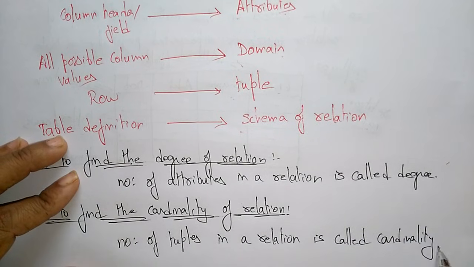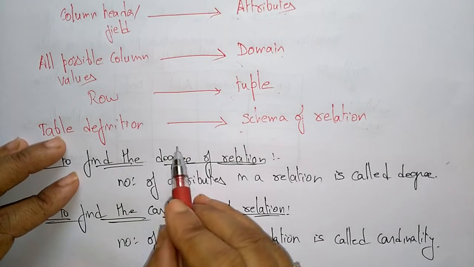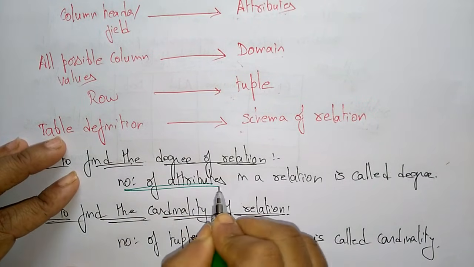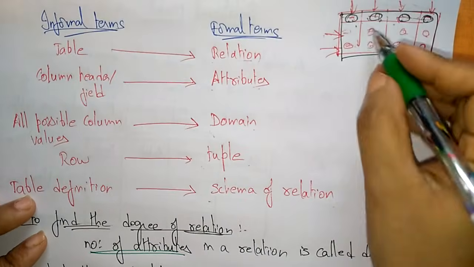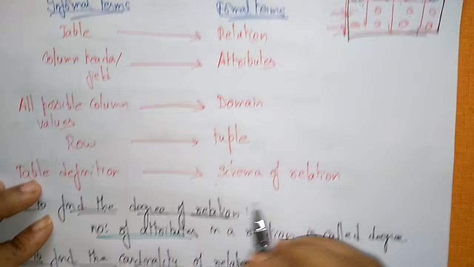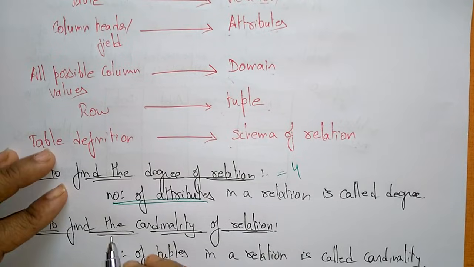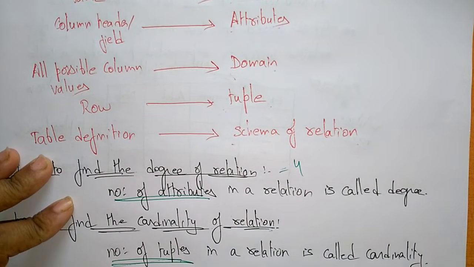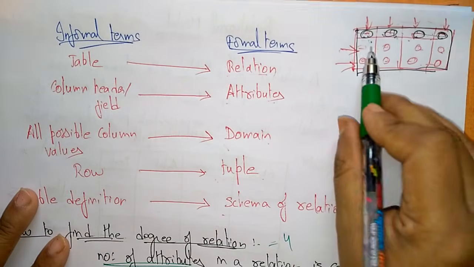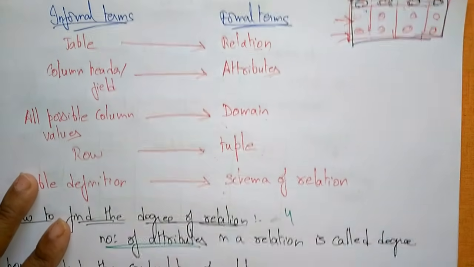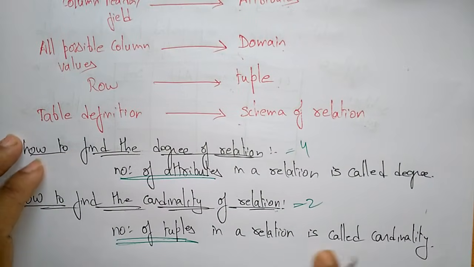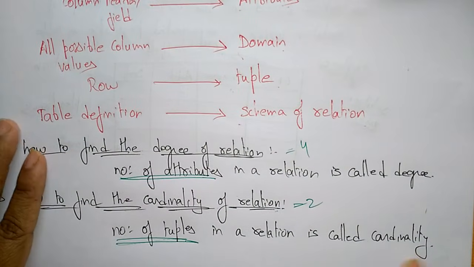The only difference is, to find the degree of relation, you need to know the number of attributes present in a relation. Here you have 4 attributes, so the degree is 4. To find the cardinality of a relation, count the number of tuples. Tuples mean rows. So how many tuples are there? Here only 2. 2 rows are there in this table. So the number of tuples in a relation, you call it cardinality.